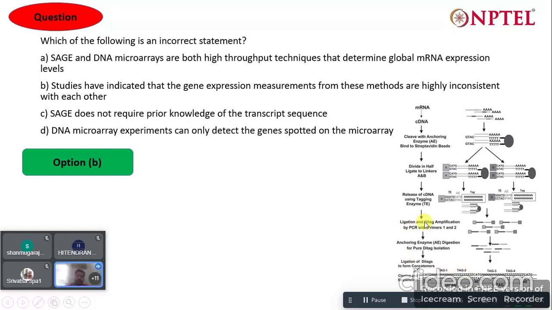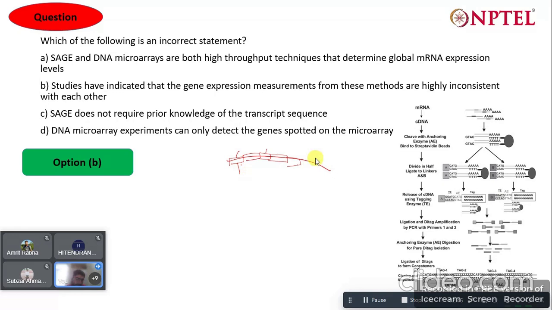So that basically gives us a relay kind of system. Like this is gene 1 RNA, this is gene 2 RNA, this is gene 1 RNA, and the number of RNAs that are joined in this sequence are identified using different primers and different probes for different genes. So from that we find out that yes, this gene is overexpressed in that mutant or like that. So this is how SAGE works.